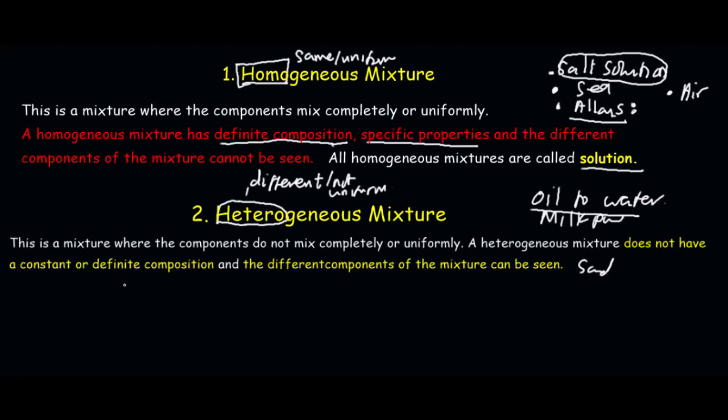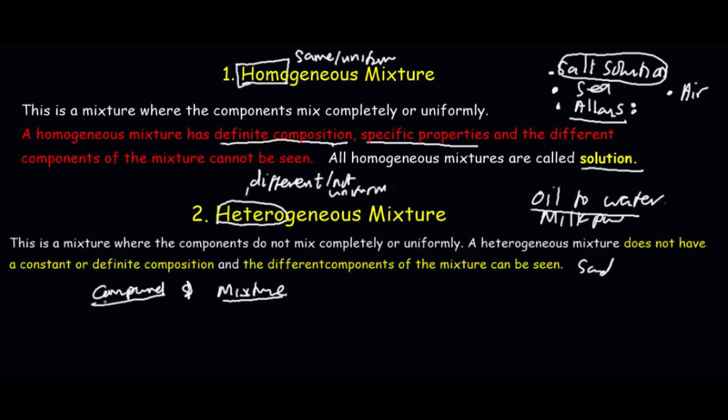Now, let's also look at the differences between compounds and mixtures. A compound, we learned, is a chemical combination of two or more different elements or atoms, and a mixture is a physical combination of two or more pure substances.